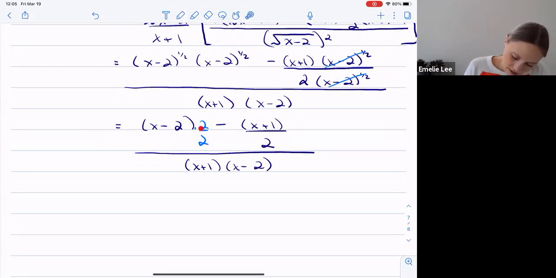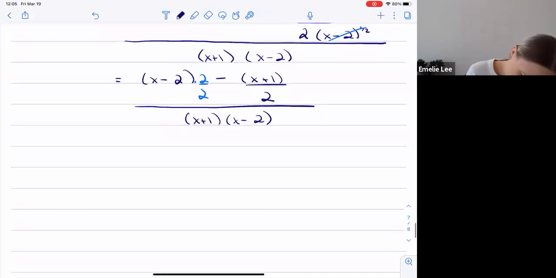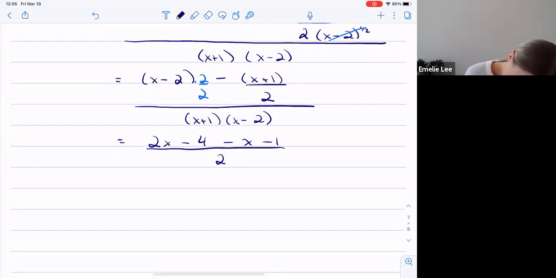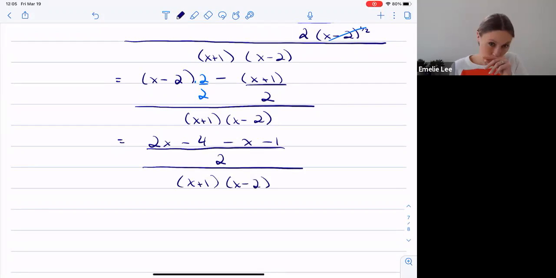Expanding this 2 inside, and also expanding this negative inside, I end up at 2x minus 4 minus x minus 1 all over 2 over x plus 1 times x minus 2. Cool. Things are simplifying.